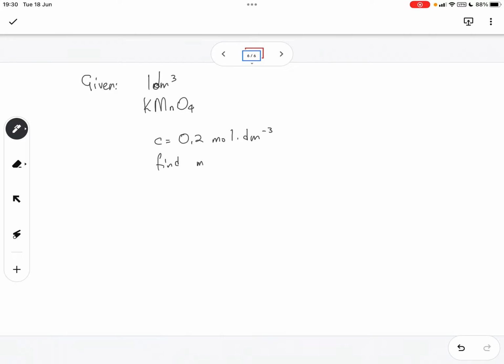Okay. So again, concentration is mass divided by molar mass times volume. We don't have this mass, but we have the concentration. We can find the molar mass of our potassium permanganate, and we're also told the volume that the solution must occupy.